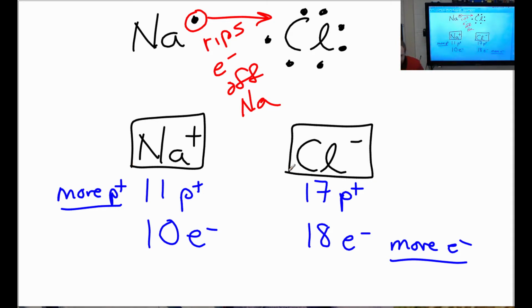What ends up happening is this +1 and this -1 are like, ooh, I like your positive, and the other one's like, oh, I kind of like your negative, and they sync together and form this ionic bond, and we call that NaCl. And that is table salt.